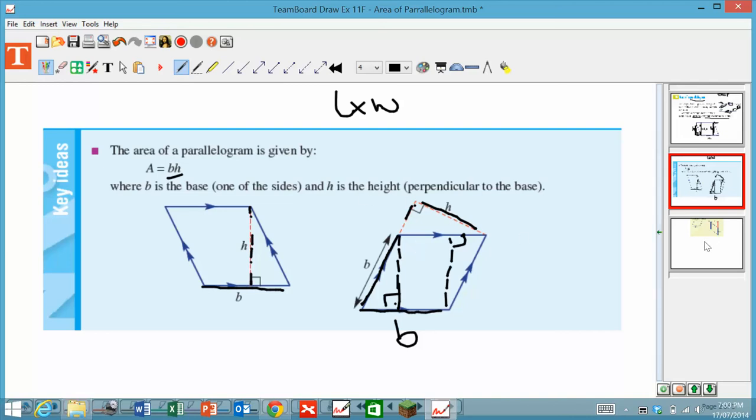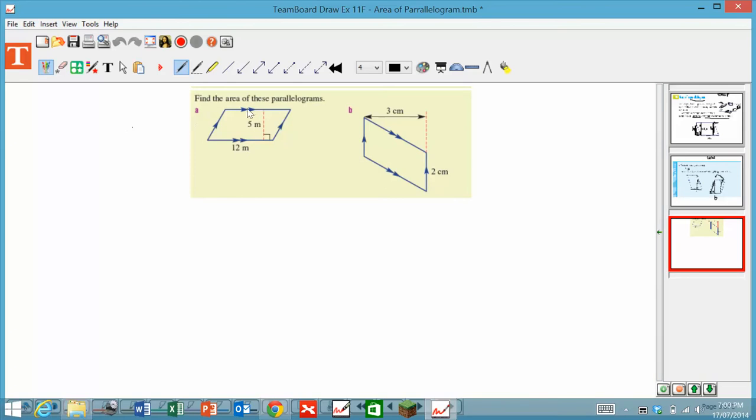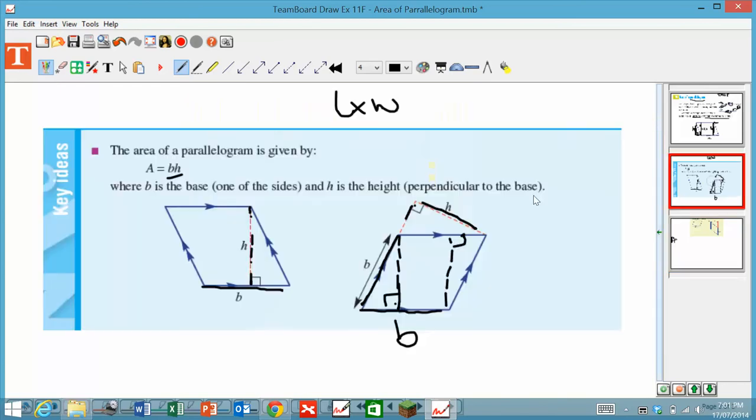Let's show you a couple of examples. Find the area of these parallelograms. Just before I start, this is a formula you need to write up into your books under the heading of area of a parallelogram, and then transfer onto your help sheets.